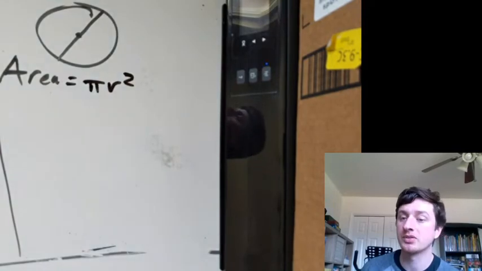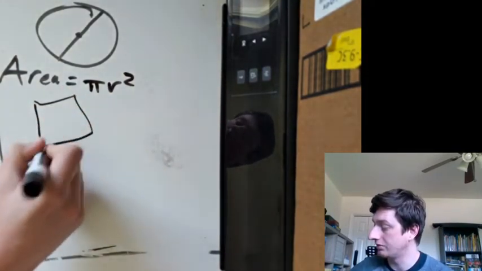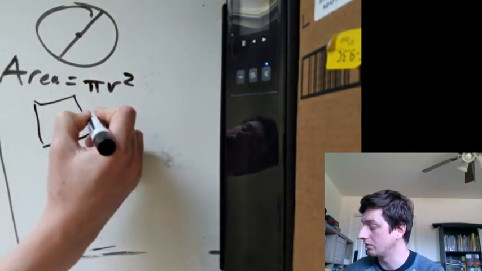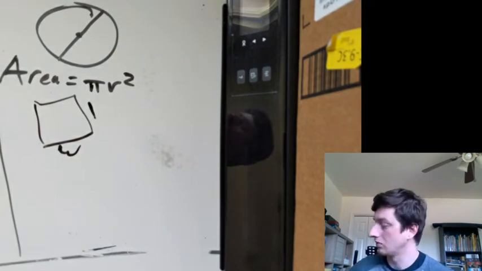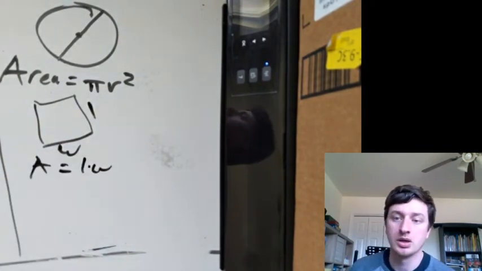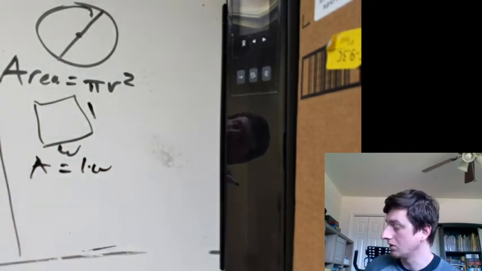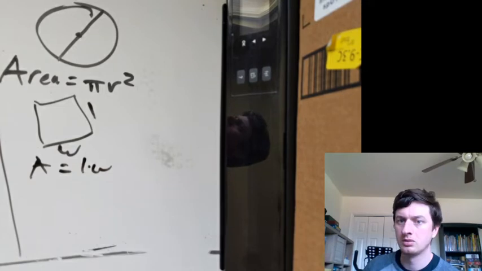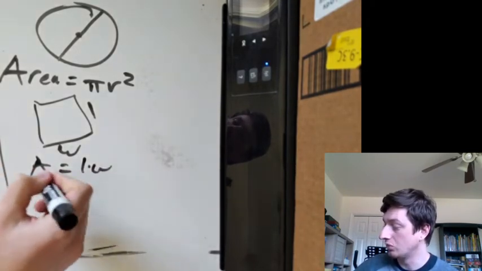So remember, it's space. So like when we do the area of a square, we're going to do length times width. Right, so the area is going to be L times W. And here, the area is multiplied, right?